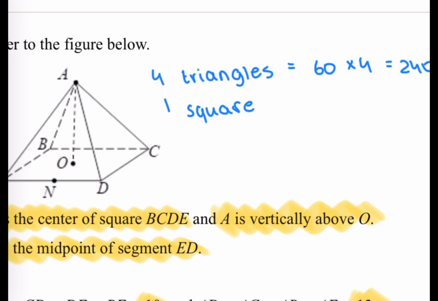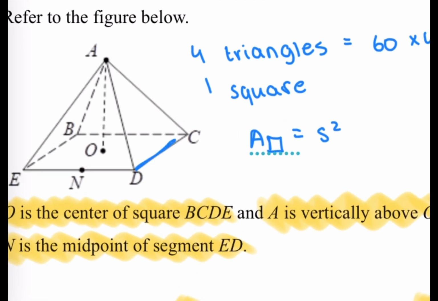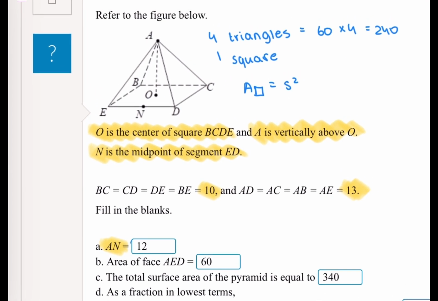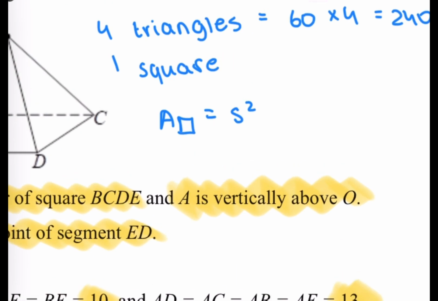So the area of a square is always side squared. So you take one of these sides and you square it. So over here, it told us that the length of these sides, they're all 10. So you're just going to do 10 squared to get the surface area of the square.